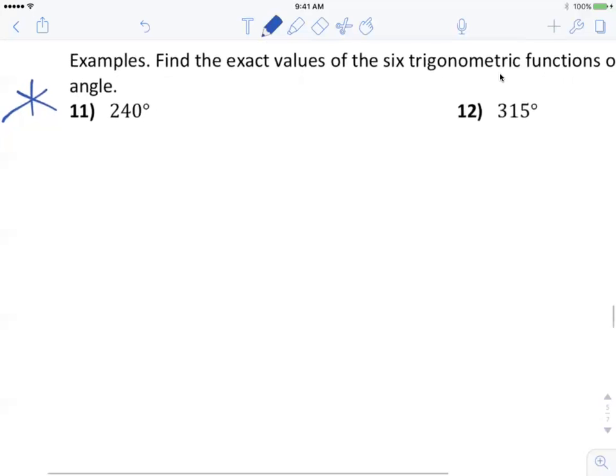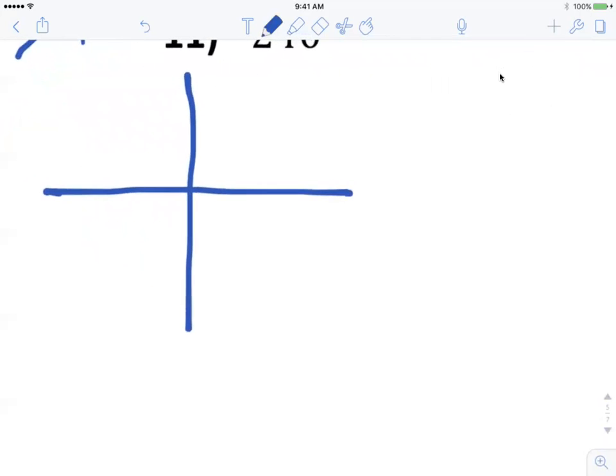All right, 240 degrees. The first thing you want to do, if I look at those steps, is draw it. Where is 240? I'm going to draw it out, and if you want to even blow it up so you can see it better. Remember, here's 180. So 240 is 60 degrees past that, right?